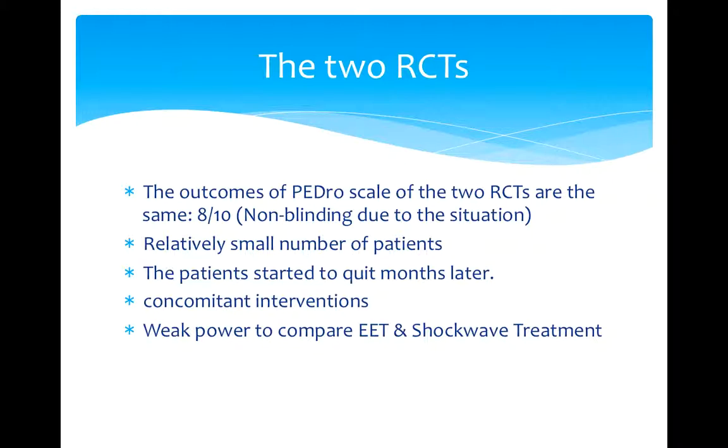There were also concomitant interventions because they allowed crossover. For example, if they believed that the intervention they were trying was ineffective, they could cross over to other interventions.